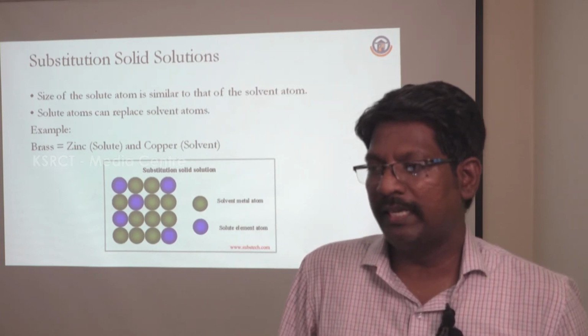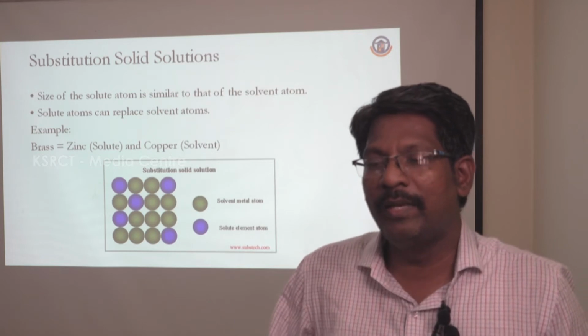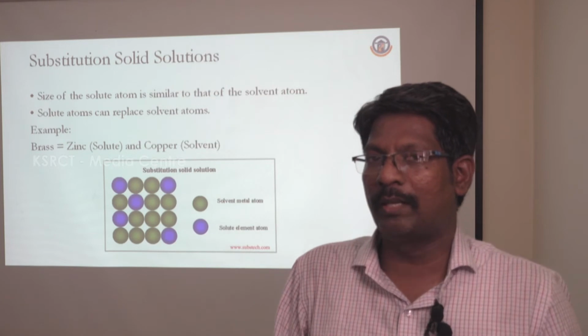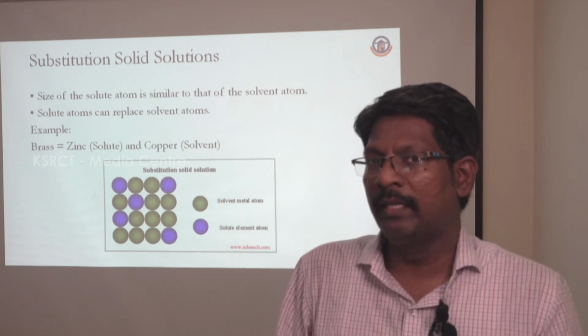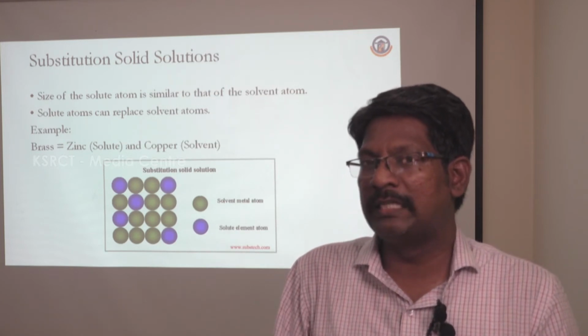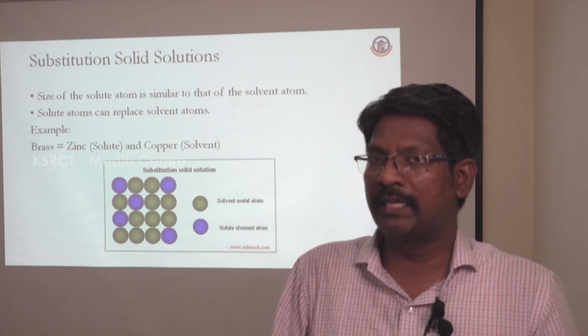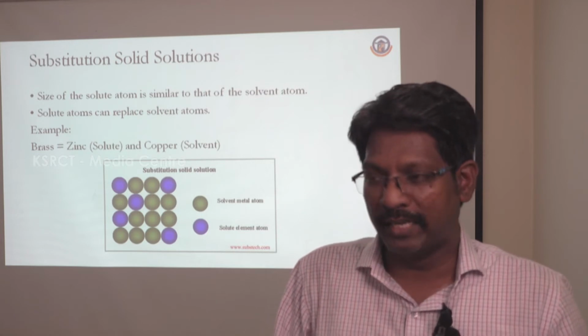That is, the size of the solute atom is similar to the size of the solvent atom. Once you are going to substitute anything, the size of the atom needs to match between the solute and solvent atom. Only in such a case will the substitution take place.